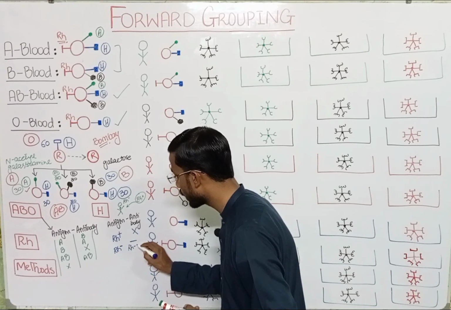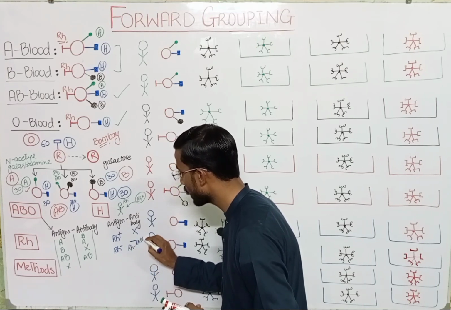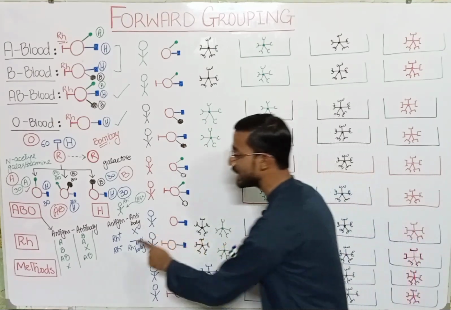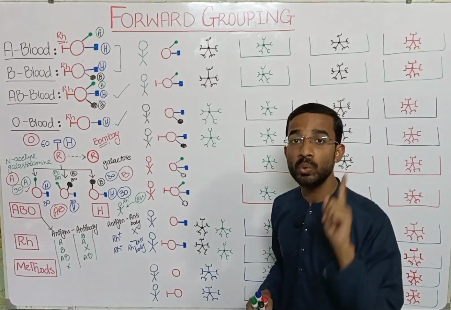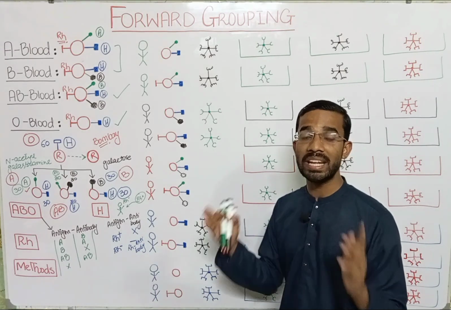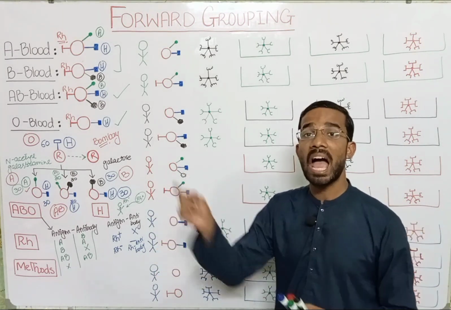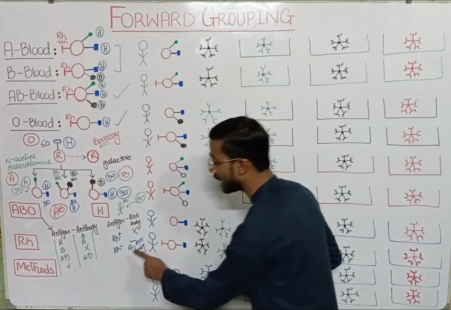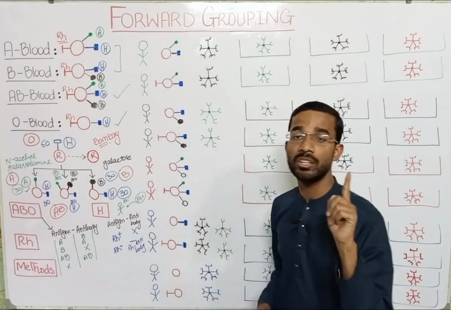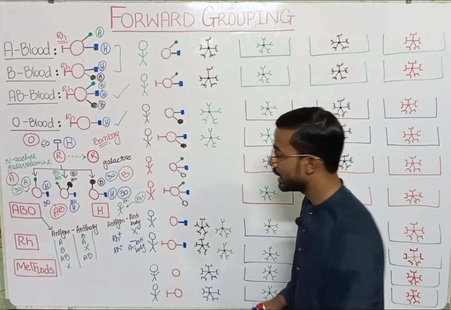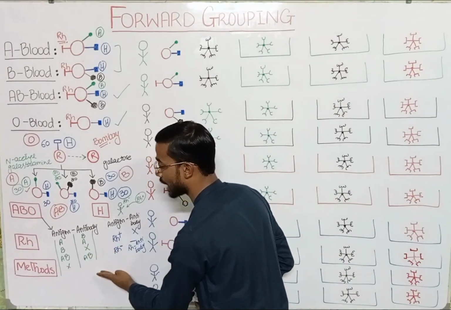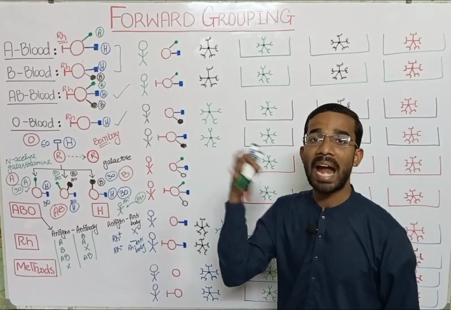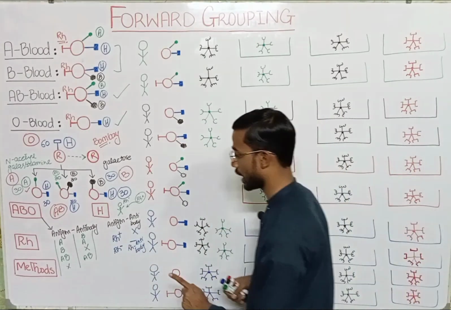RH antibodies. Only the RH negative person produces RH antibodies when exposed to blood having RH antigen. Otherwise, anti-RH antibodies will not naturally be produced. They are present against them, but they are produced only when a stimulus enters the body.